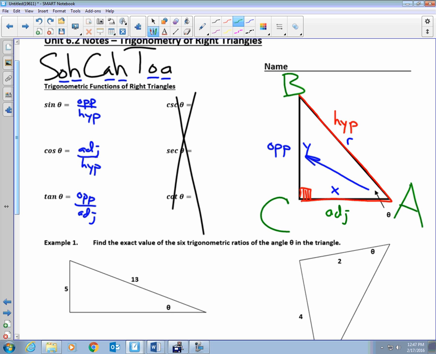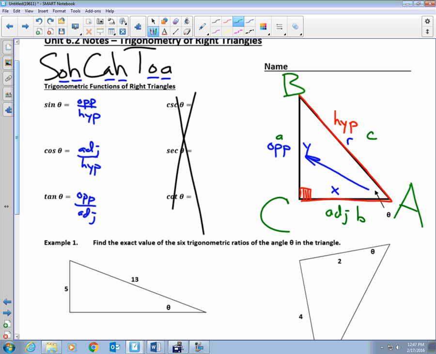Which side up here is going to be C? The hypotenuse will be small c. So the capital letters represent angles, the small letters represent sides. Which side will be A? And which side will be B? The adjacent. Are we clear on that?